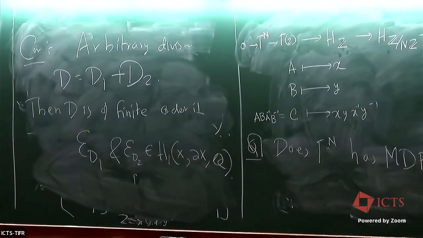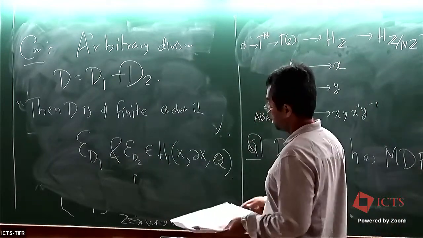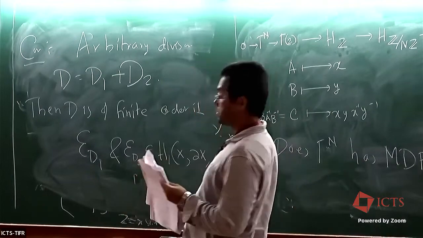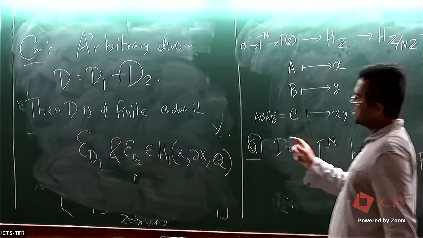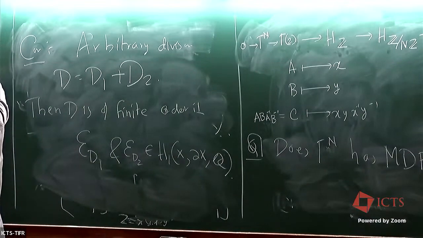So this decomposition is not unique, by the way, so there is certain ambiguity there, but D is of finite order if each one of them belongs to each one of these. In general this statement is a little more involved, so just for exposition, I stated it in this way.